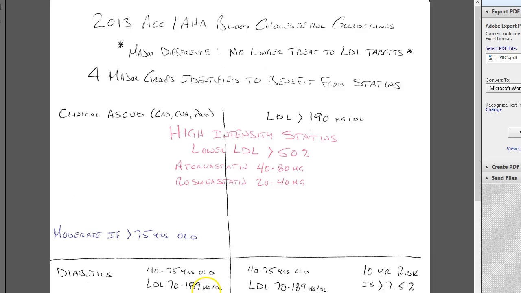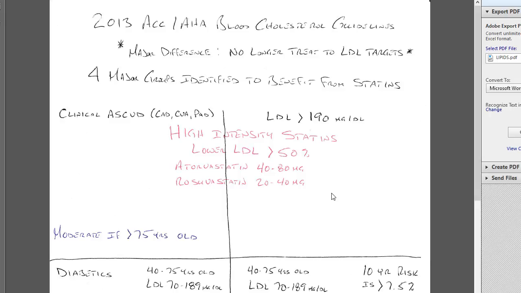So the addendum to that you will be seeing in clinicals, if you haven't already, especially next semester when you start getting into specialized clinicals, if you're spending time with a cardiologist, or if you currently work in an area, whether it be CCU or CVICU or anything like that.